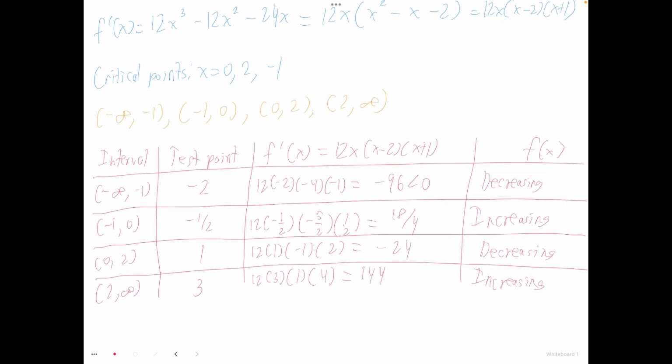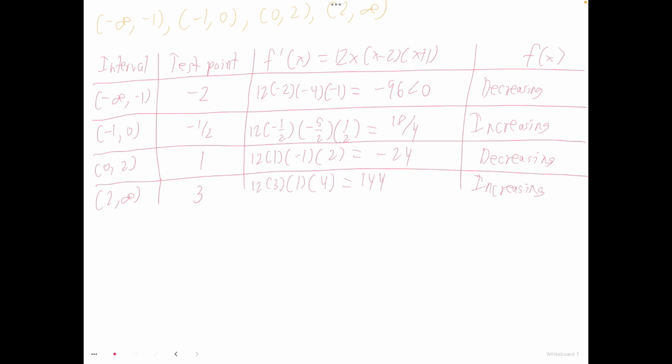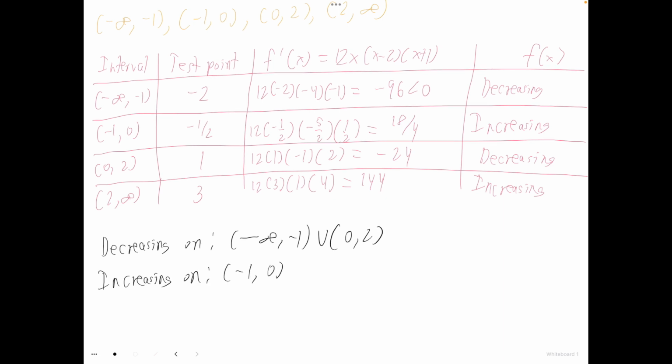And so we're able to figure out what's happening on each of these intervals based solely on finding the critical points and plugging stuff in. To summarize what we have found, we are decreasing on the interval negative infinity to negative 1, union 0 to 2, and we're increasing on the interval negative 1 to 0, union 2 to infinity.